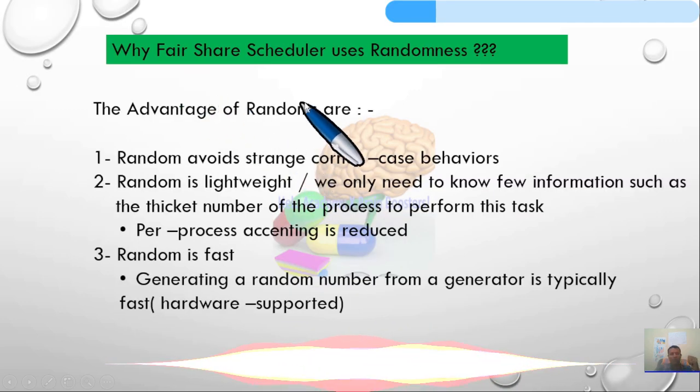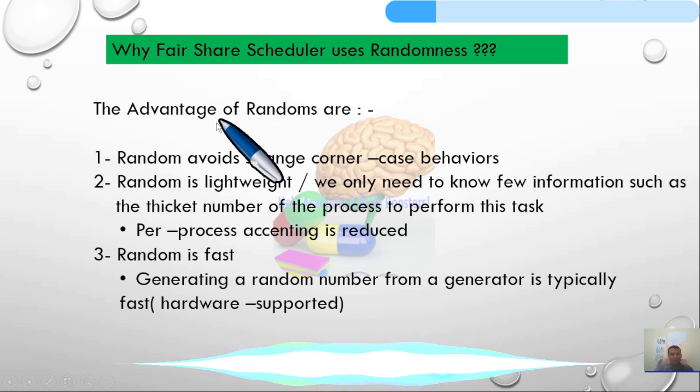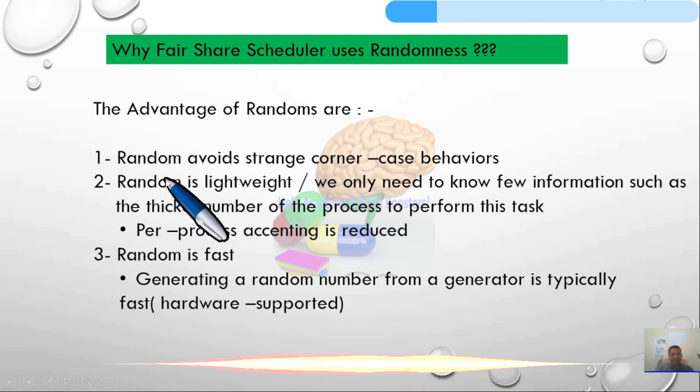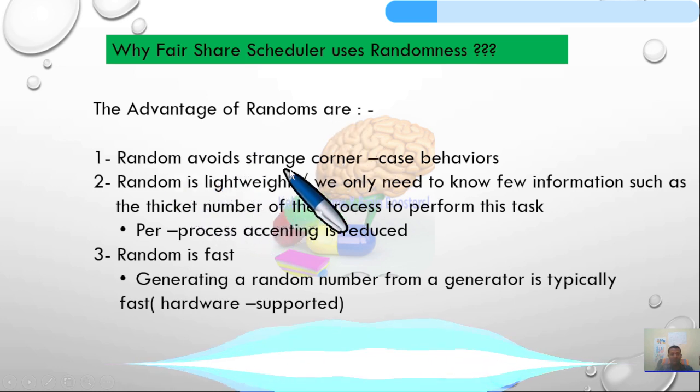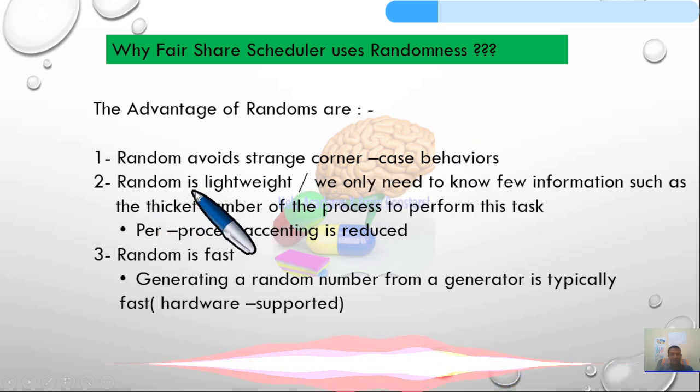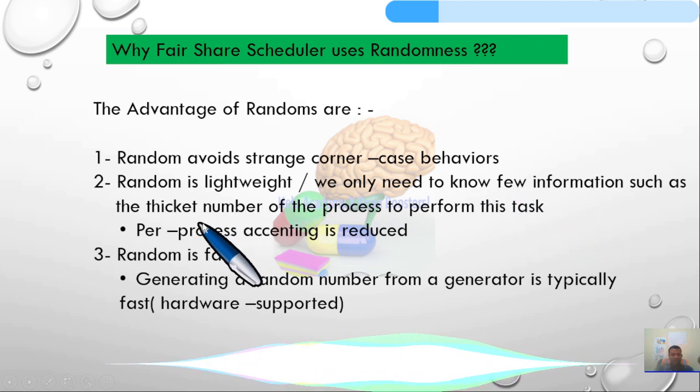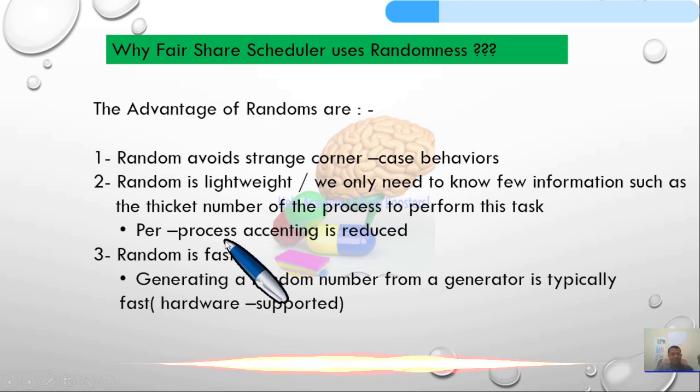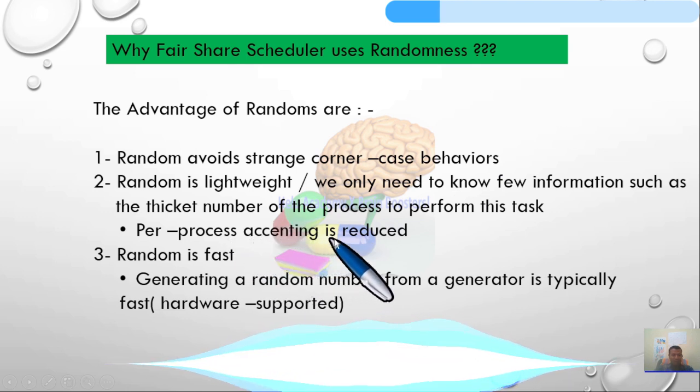So why do we use randomness? As you can see, this system uses random picks. The advantages of randomness are: number one, random avoids strange corner case behaviors. Second, random is lightweight; we only need to know a few pieces of information, such as the ticket number of the process, so per-process state is reduced.